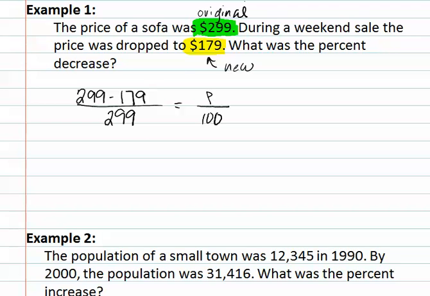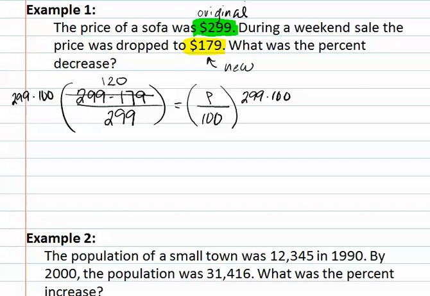Now we do the subtraction and we get 299 minus 179, which gives us 120. Now we need to find the least common denominator. Remember, when doing proportions, it's sometimes easiest to just use both denominators. This means we multiply both sides by 299 times 100, and 299 times 100 on the other side.